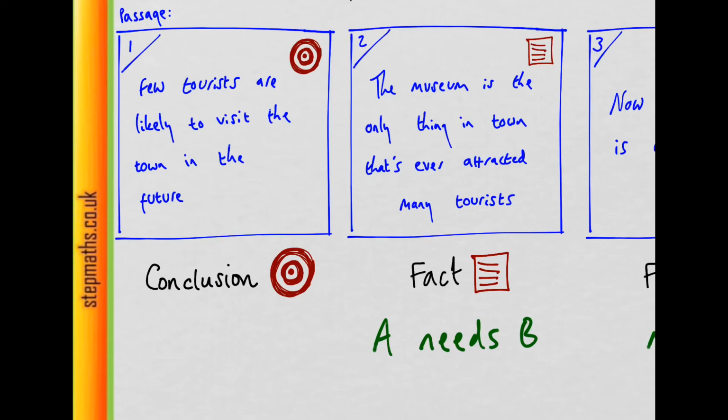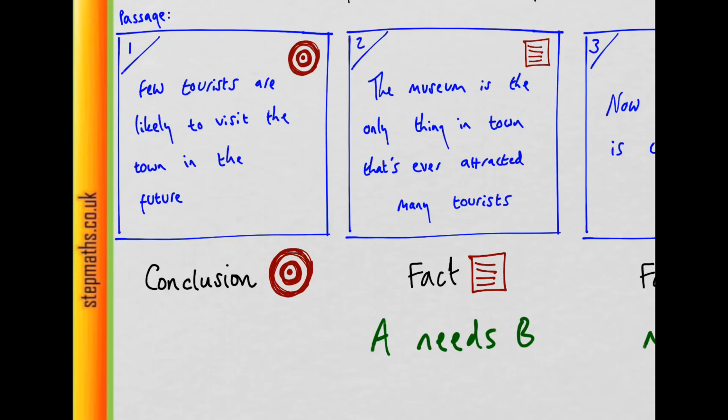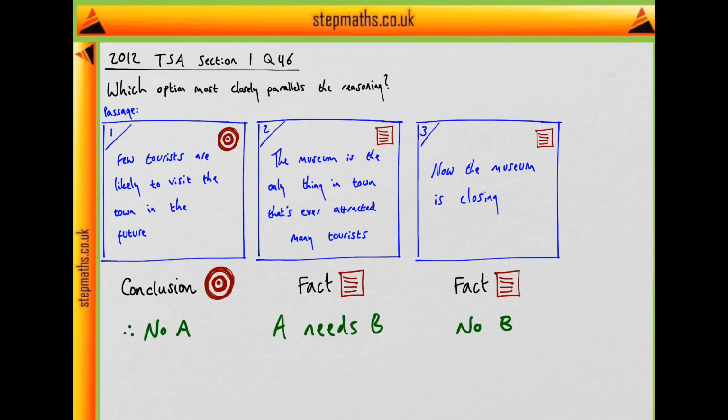And what's the logical form of the conclusion going to be? Well, the conclusion is saying, therefore, not many tourists. And we just said that many tourists is A. So the logical form of the conclusion is going to be, therefore, no A. So the logical form of the whole argument looks something like this. A needs B, no B, therefore no A. So now we have the logical form of the argument.